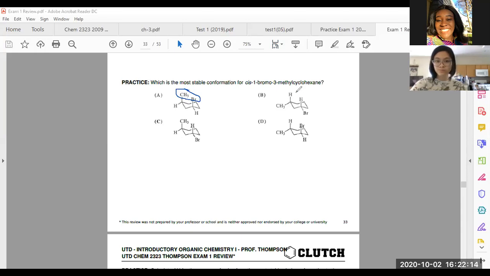So then you go on to B, and this is much better because the bigger groups are farther from each other. But it's not quite right because they're both still on, hold on.